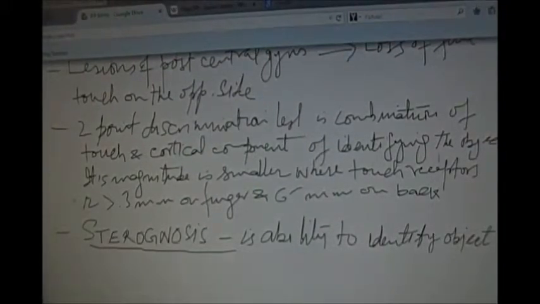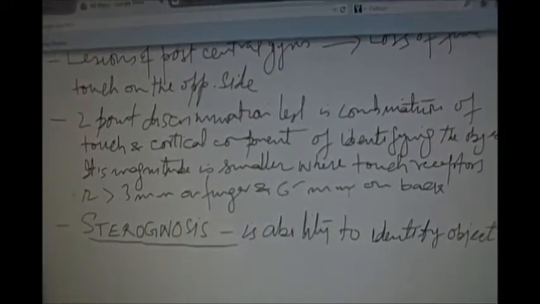If the touch receptors are more, then the distance at which two points are discriminated will be less. For example, on the fingers there are too many touch receptors, so the distance is 3 millimeters, compared to the back where the two-point discrimination is 6 to 8 millimeters.